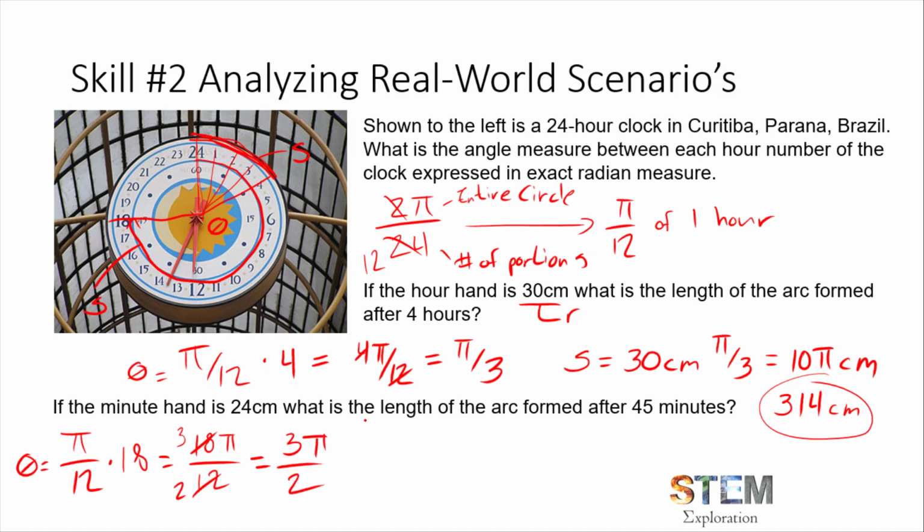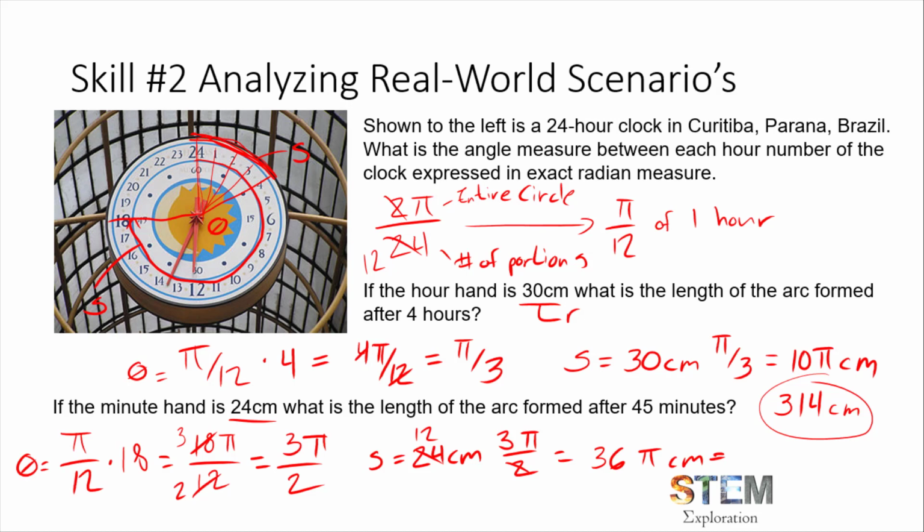Our radius is 24 centimeters, and so if you want to find the arc length, it's just 24 centimeters times 3 pi over 2. I'm just going to keep the math simple. This will equal 36 pi centimeters, and we would be done if we wanted it in terms of pi.